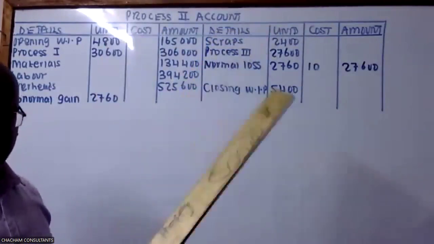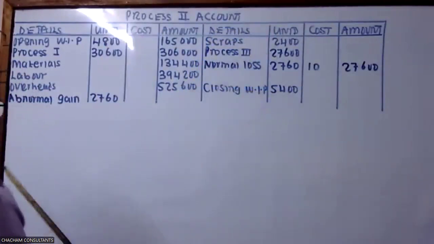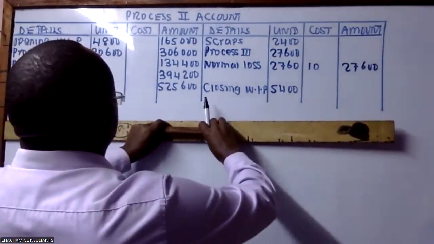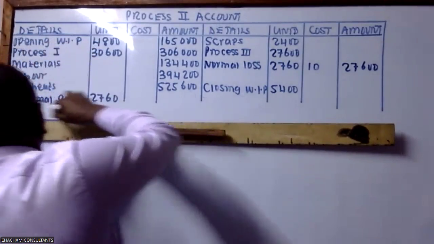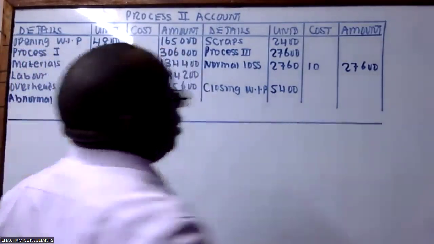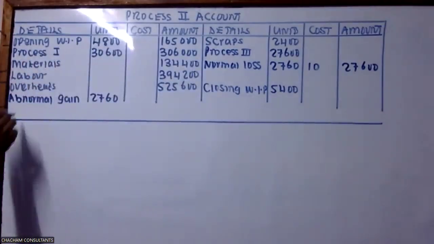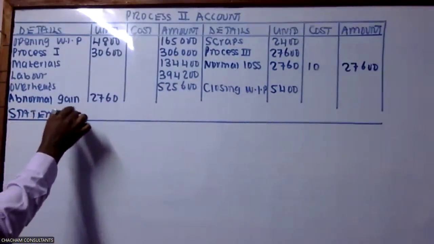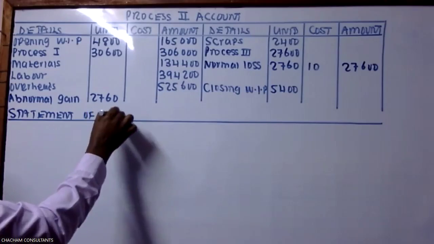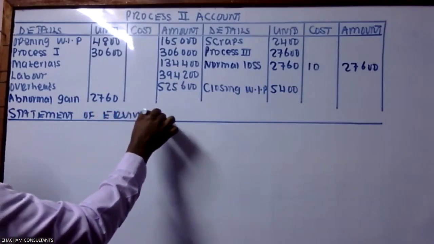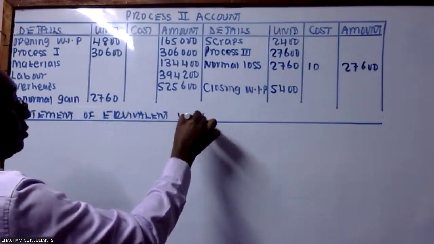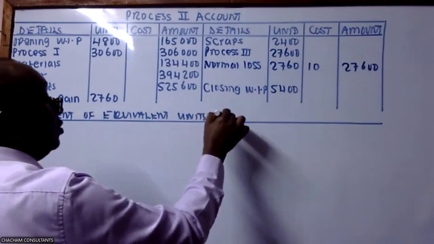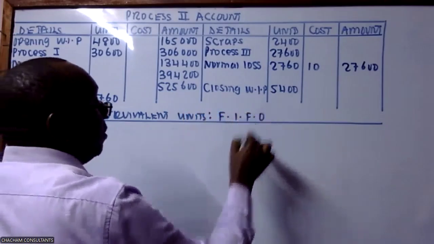When you have stocks, you don't compute the unit cost like we were doing with the others, but we prepare something we call a statement of equivalent units. And this is where you specify that we are using the FIFO method.